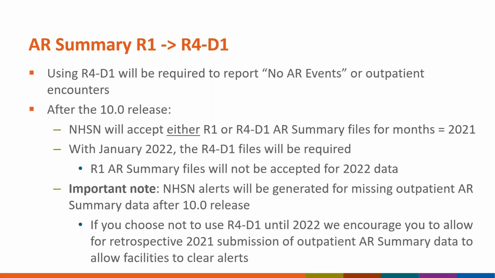The only way to clear the alert is to submit the summary record that includes the outpatient encounters. There is no way to manually enter those denominators. So if you choose to not use the R4D1 IG until 2022, we encourage you to allow for retrospective submission of 2021 outpatient AR summary data to allow those facilities to clear their missing data alerts.